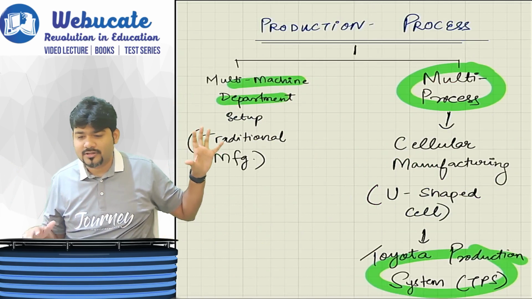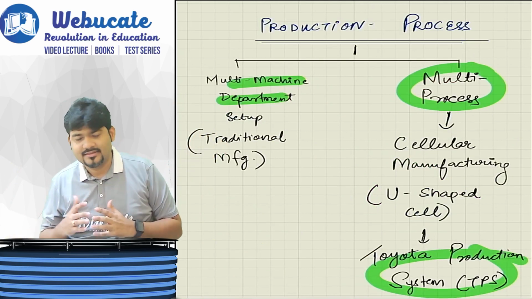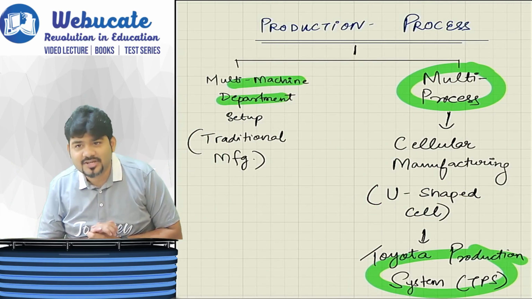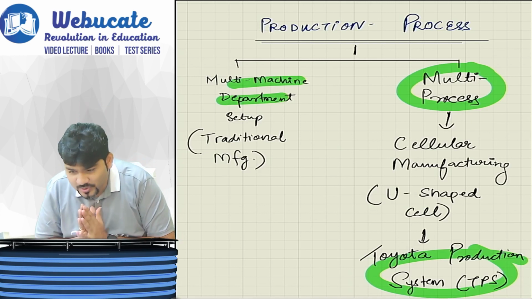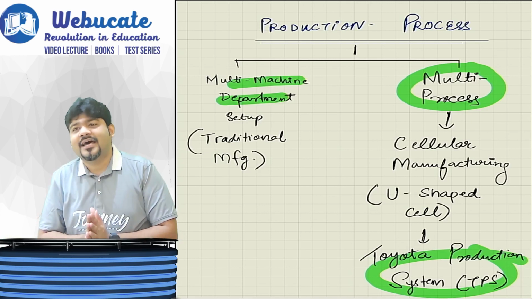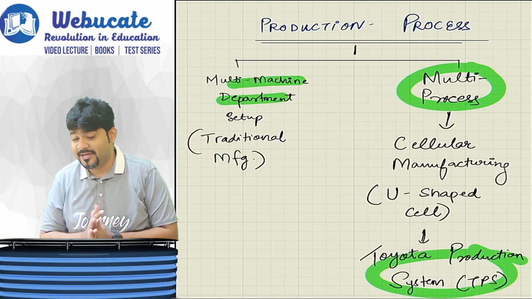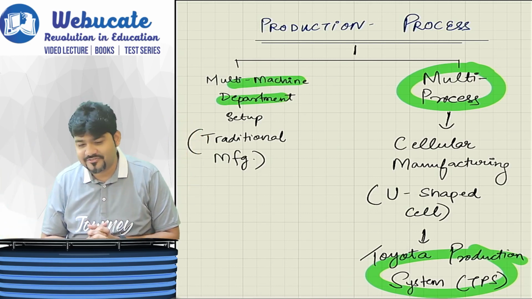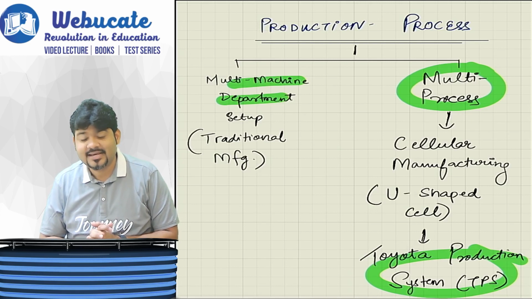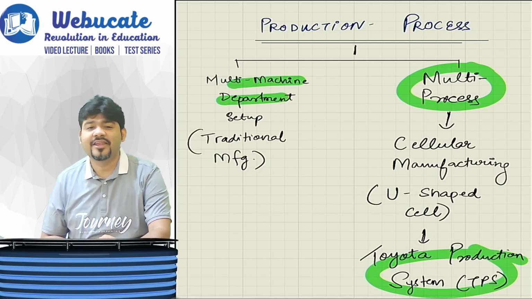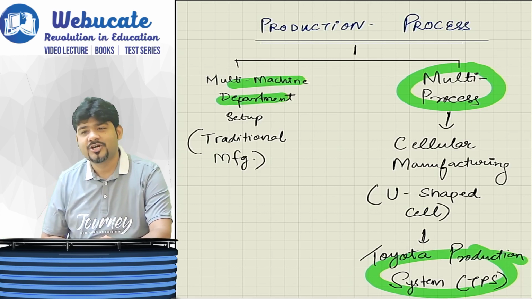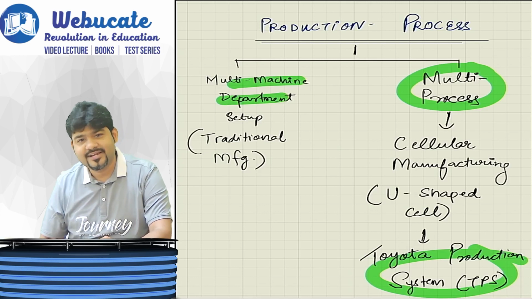Just have a look at this and then we will take things forward to the new concept of cellular manufacturing. And as I told you at the beginning of the lecture, change is the way of life. And this is the change that we will now need to embrace: the change of cellular manufacturing. Are we ready, guys?